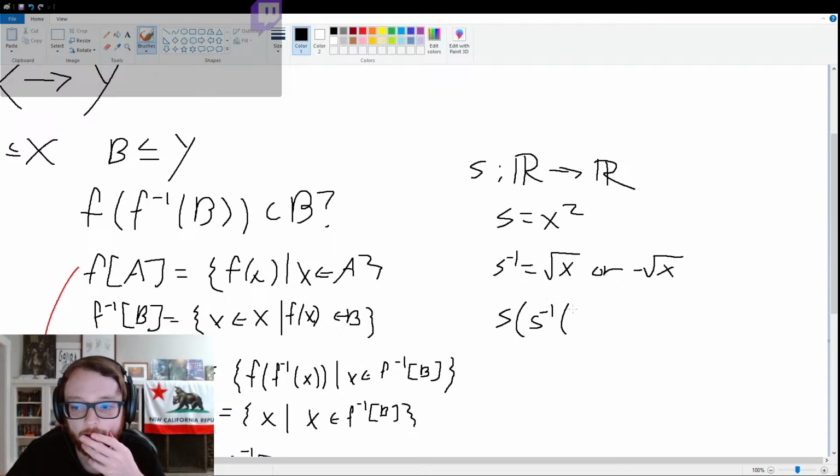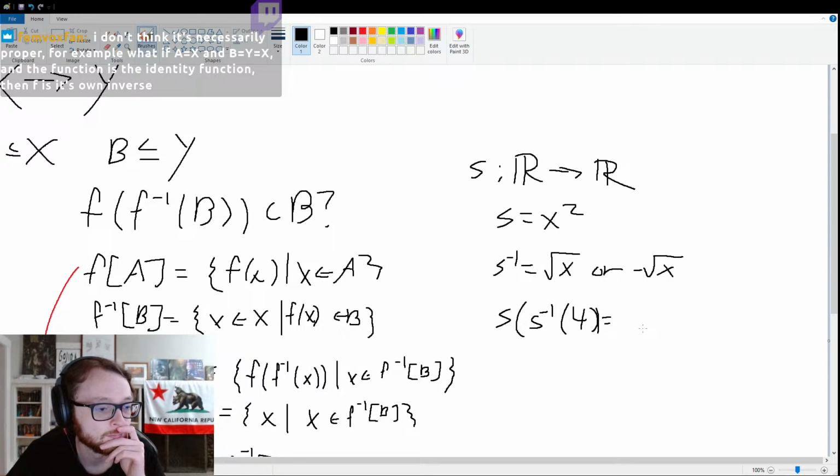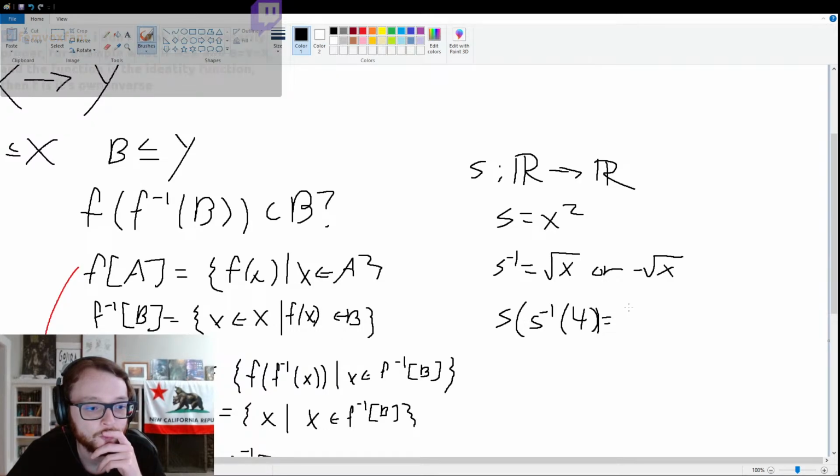So s of s inverse of 4 is equal to... if you have the identity, then it couldn't be a proper subset.